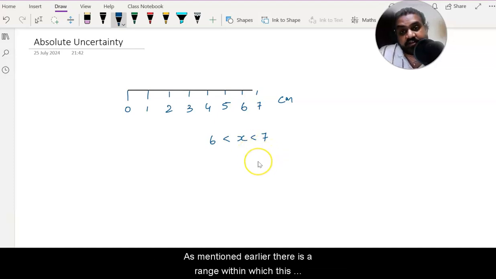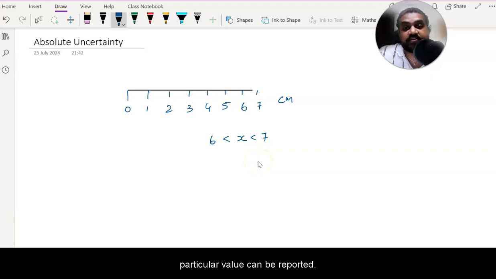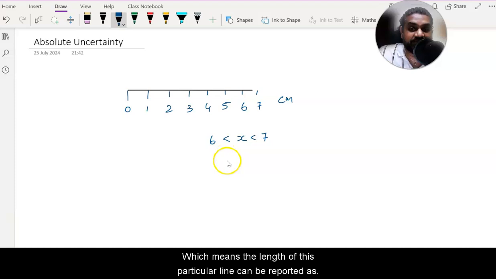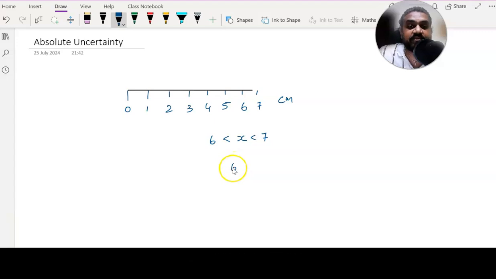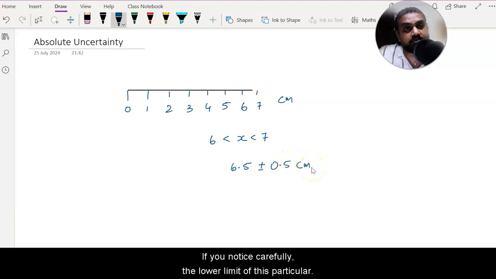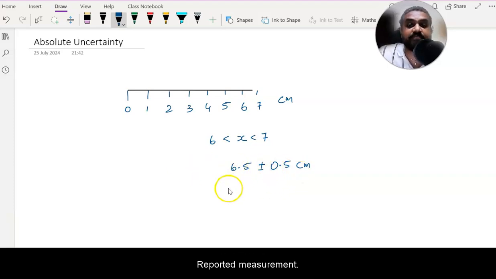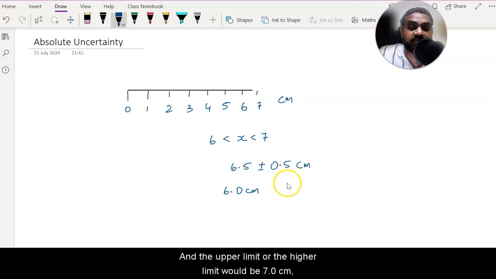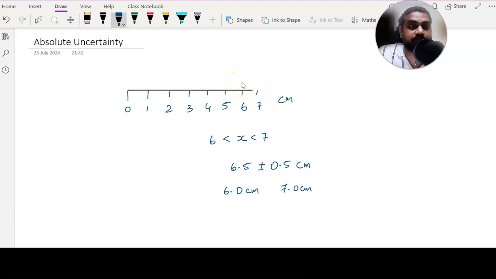As mentioned earlier, there is a range within which this particular value can be reported, which means the length of this particular line can be reported as 6.5 plus or minus 0.5 centimeters. If you notice carefully, the lower limit of this reported measurement would be 6.0 centimeters, and the upper limit would be 7.0 centimeters, which is exactly what we notice in this scenario.